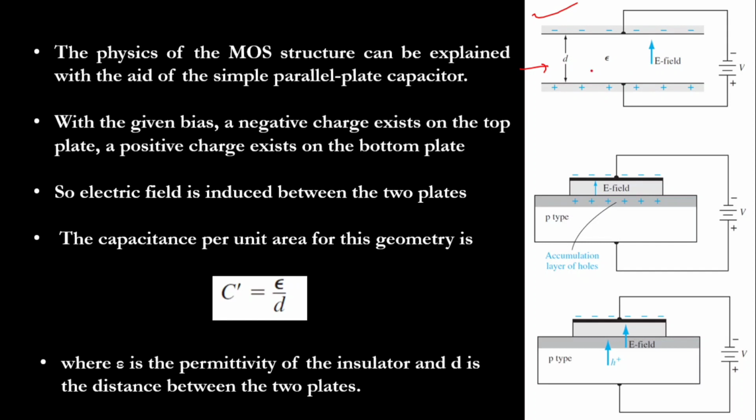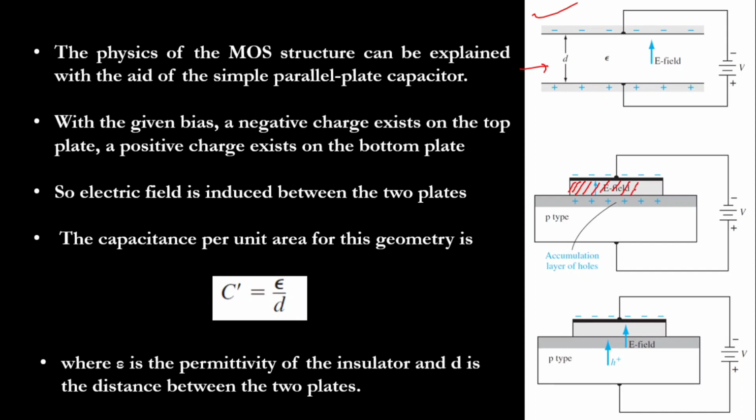Now you see the previous diagram again. We have a metal, oxide and semiconductor. Initially we apply a negative voltage to the terminal connected to the metal. Once we apply a negative voltage to this terminal, what will happen? An electric field is going to be created in the oxide layer.